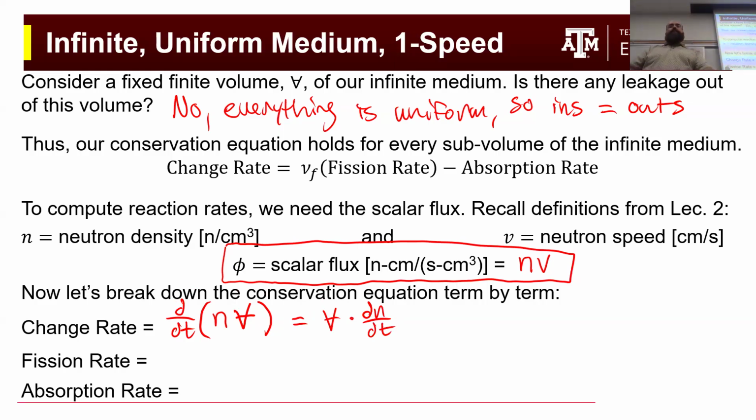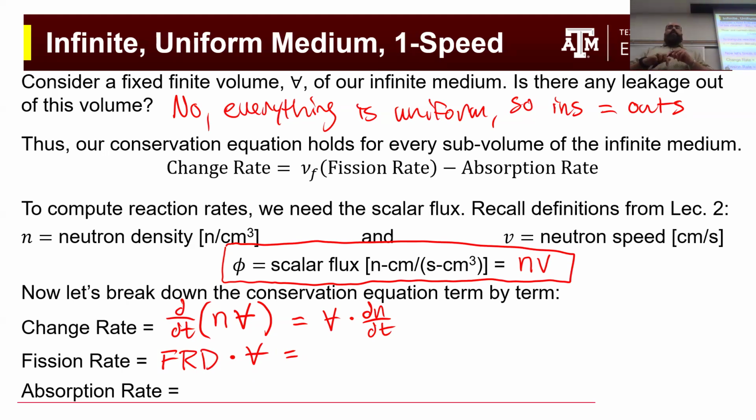And then I need my fission rate. The fission rate in this context is just going to be my fission rate density, like my number of fissions per unit volume per unit time. And then to make it a fission rate, I'm going to take that density and multiply by that volume V. So it's fission rate density times the volume.